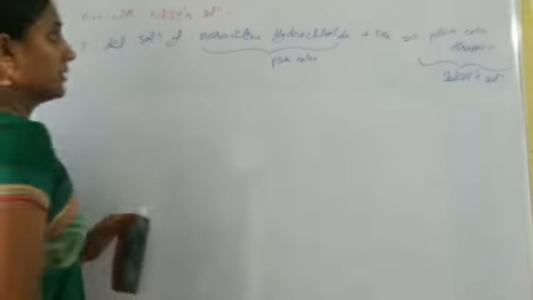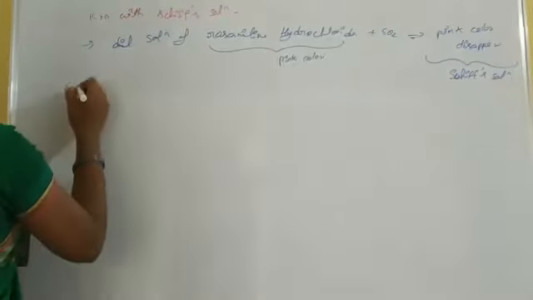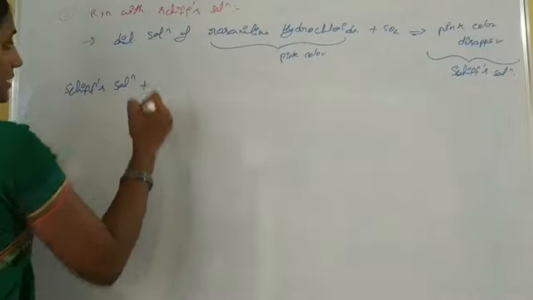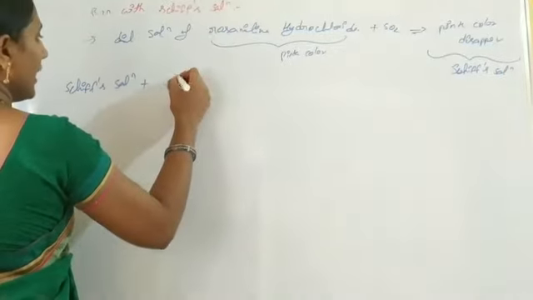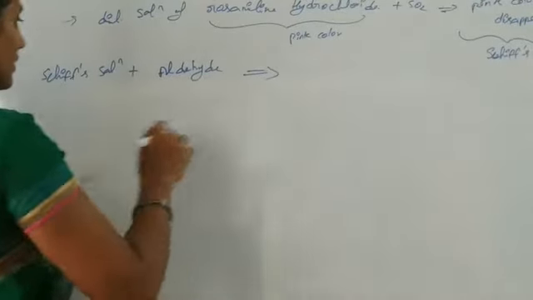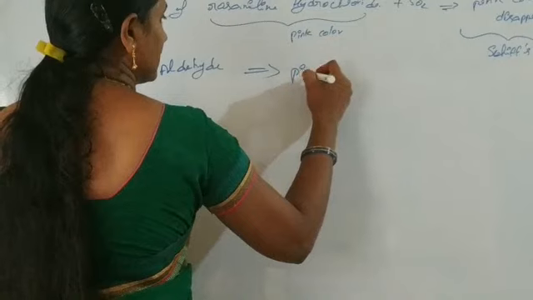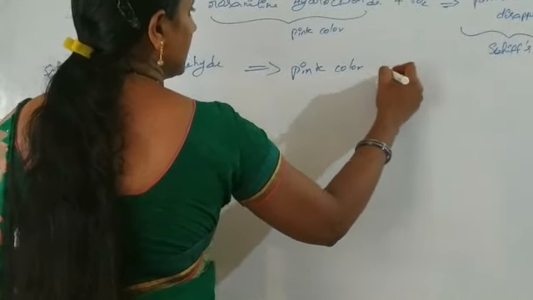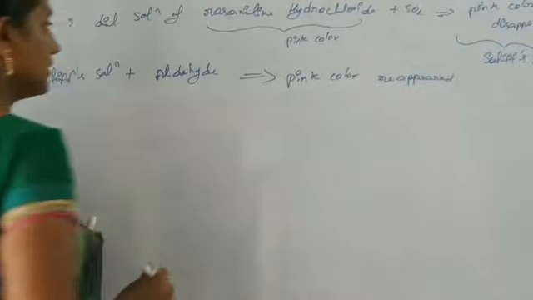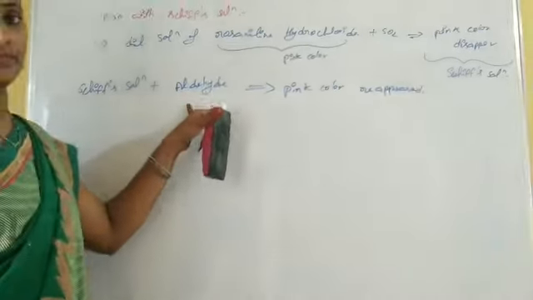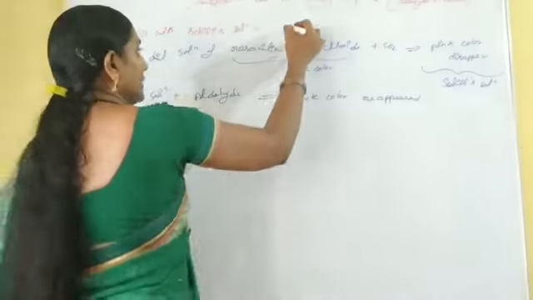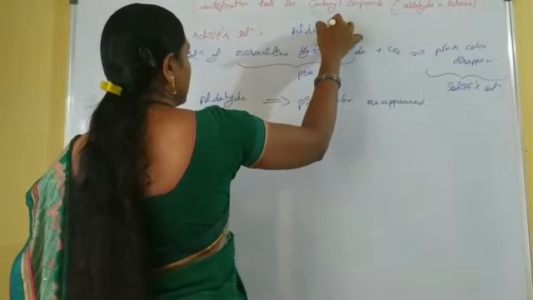When Schiff's solution is treated with an aldehyde, the pink color reappears. That means the solution has an aldehyde functional group, and Schiff's solution is given by only aldehydes.